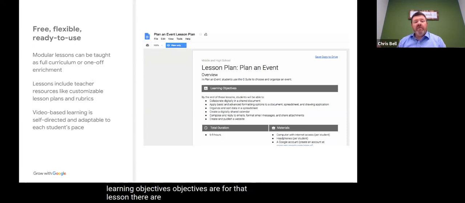There are rubrics that are customizable for anybody who wants to take and modify them, if you have very specific standards that you want to address as part of the activity. You can then push that out into Google Classroom, or Canvas or any other system that you may be utilizing already.